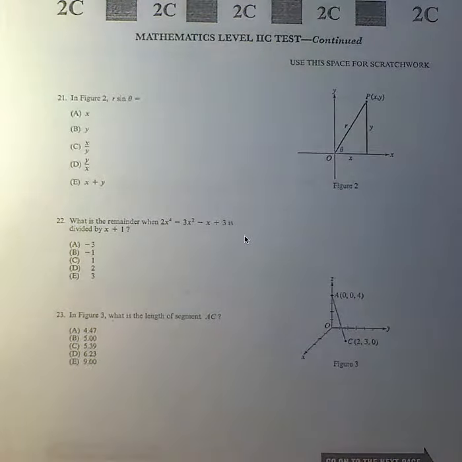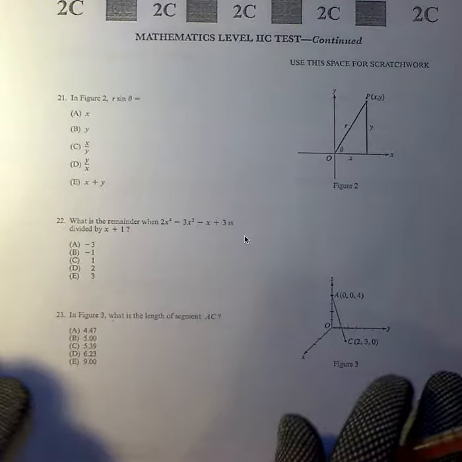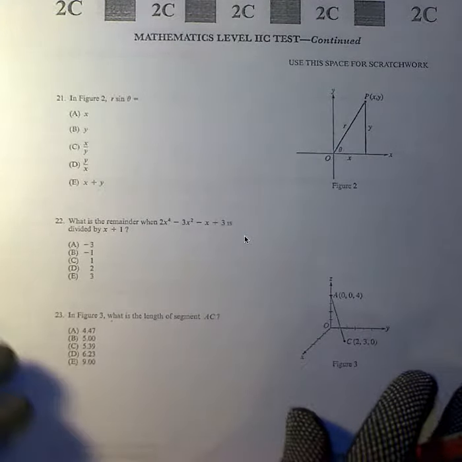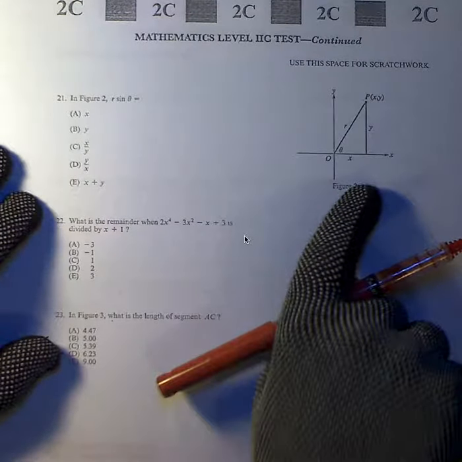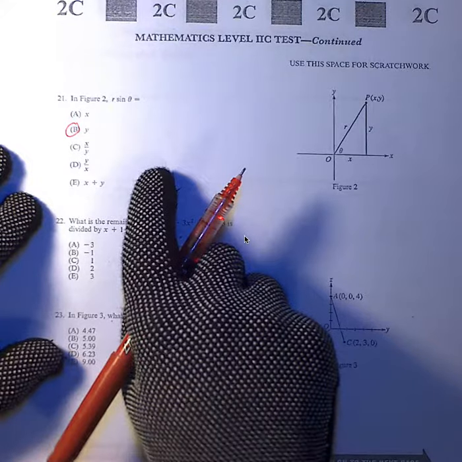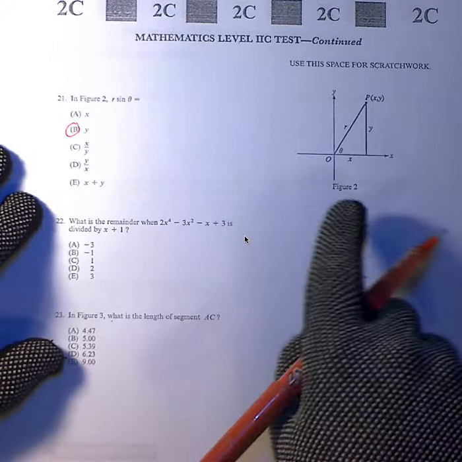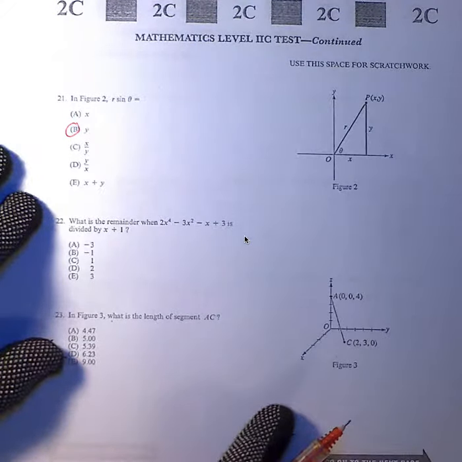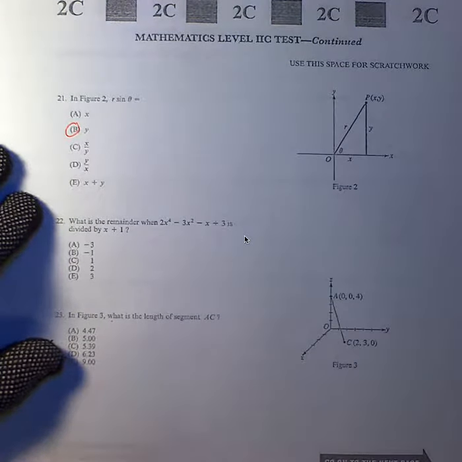And then next here, if you've learned about polar coordinates, you'd immediately know that the answer is y, because we know in polar coordinates that r sine theta is y if you've got a circle centered at the origin with radius r, and you've got x, y as a point on the circle.